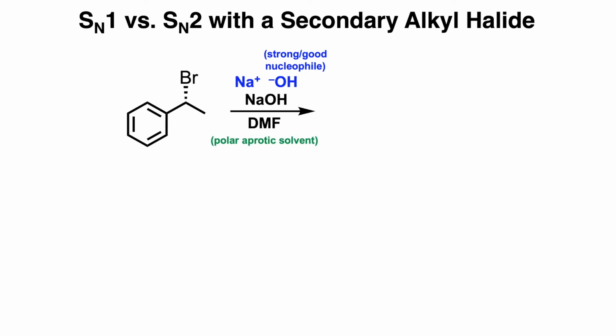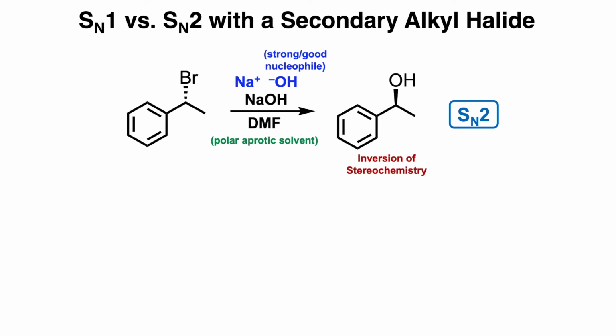And DMF, or dimethyl formamide, is a polar aprotic solvent. So with those two factors in mind, this means that this will be an SN2 reaction. And since the electrophile also has a chiral center, the SN2 product should have an inversion of stereochemistry.